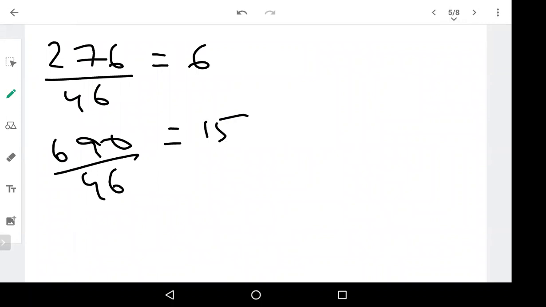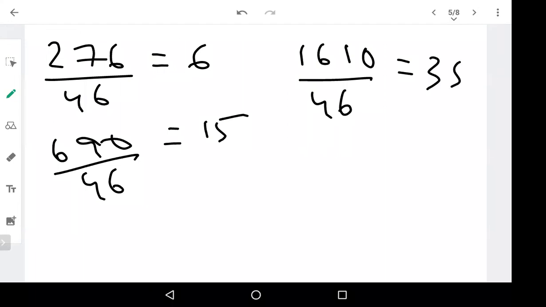And then 1610 by 46, how much do you get? 35. Yes. Now what we are trying to say here is, we have these 3 numbers without point, which means there is no remainder.